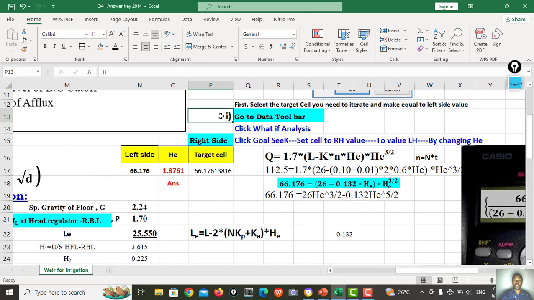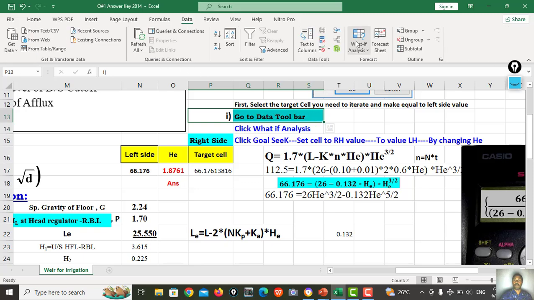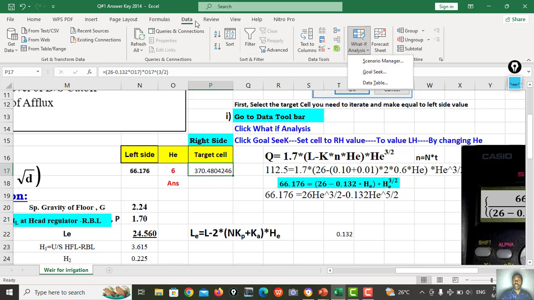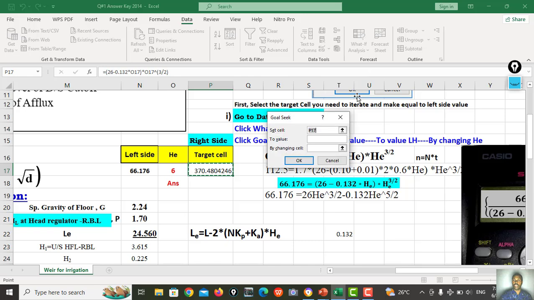The only thing to keep in mind is goal seek. You go to Data, then What-If Analysis, then Goal Seek. Then you can iterate any value, for example 3 or 6. Then I select this target cell, go to What-If Analysis, Goal Seek. Then this value should be equal to this value. Clear? This is the calculated left side.